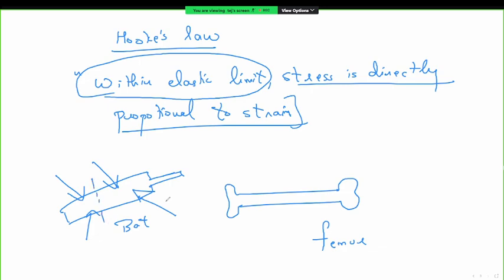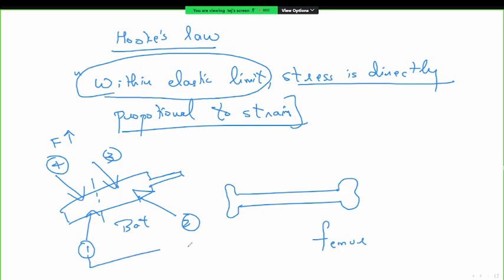Now, if you ask me, sir, what's the difference between hit 1, hit 2, hit 3, and hit 4? The main difference is, when you hit the bat for the fourth time using the rod, the amount of force was the highest here. But the bat could not take that amount of force, therefore it cracked.